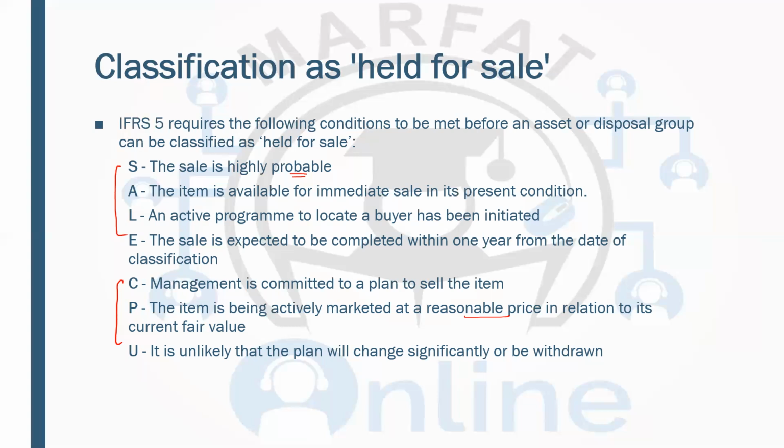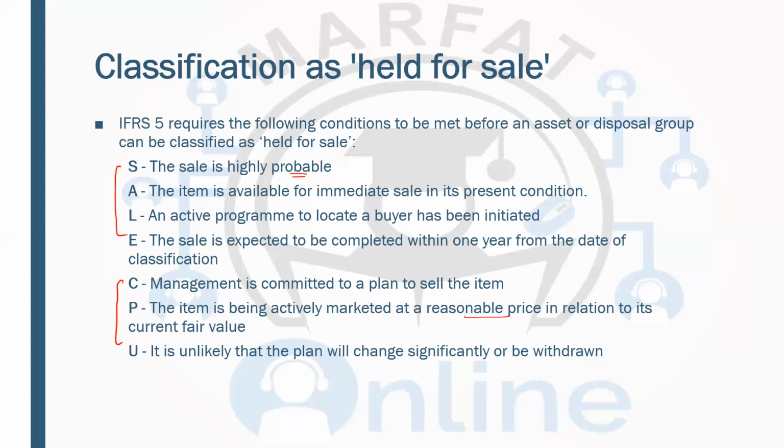Nowadays it is quite easy. So if you have marketed that asset and started receiving offers, that means you have done your part regarding the sale. And then the last of the first four things is the sale is expected within 12 months, that the asset will be sold within 12 months.